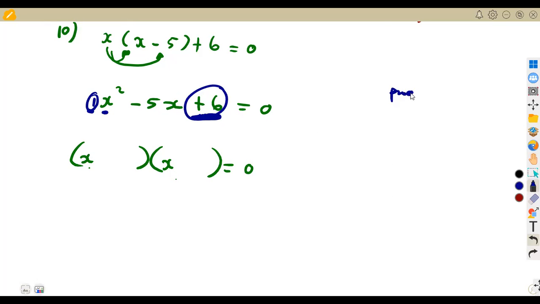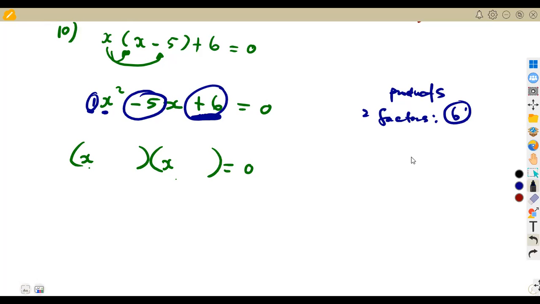What are the products that we're going to consider in this case, two factors of what? 6. But these factors of 6 should give us the negative 5. So we need two numbers. These two numbers, when you multiply them, must give you a 6. But if you add, they must give you a negative 5.